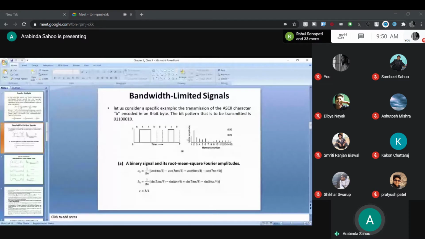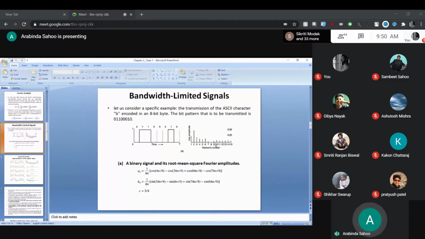This is the basis of Fourier analysis. If you apply the Fourier series to a periodic signal, you can extract the different harmonics and the mean square amplitude associated with each harmonic.